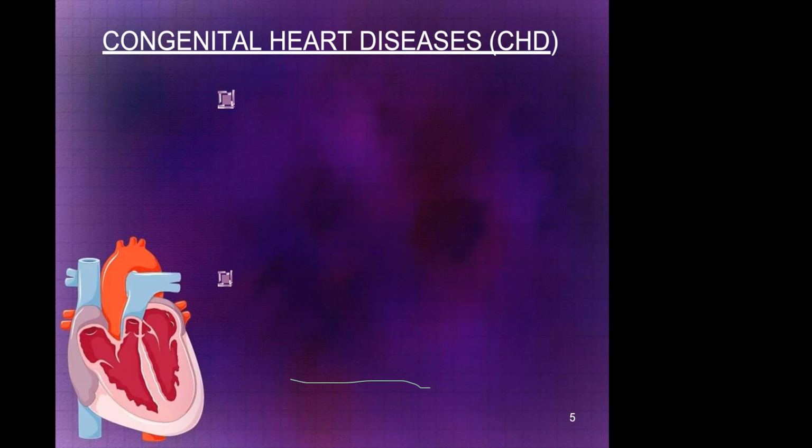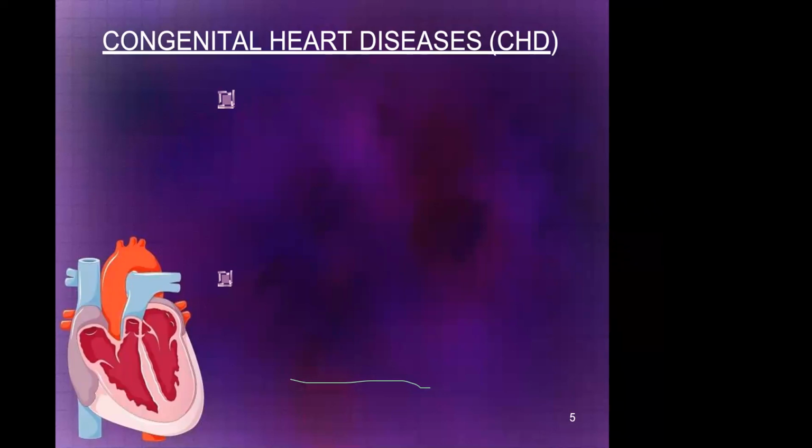In the blue babies, the dirty blood, the deoxygenated blood, is going into the systemic circulation. That happens in tetralogy of Fallot, transposition of the great arteries, and tricuspid atresia.